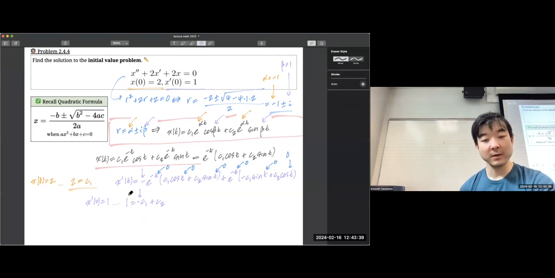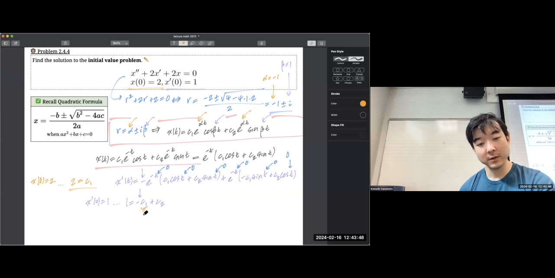So I'll just make clear that we have a negative here. And you'll have the C1 from before is 2. So we're left with 1 is equal to negative 2 plus C2, which means that C2 is equal to 3.